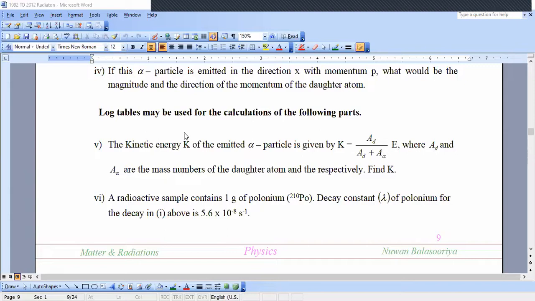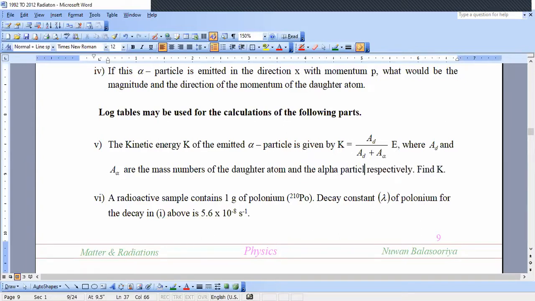The kinetic energy K of an emitted alpha particle is given by K equals AD divided by AD plus A alpha, times capital E. They have said that AD and A alpha are the mass numbers of the daughter atom and the alpha particle respectively.